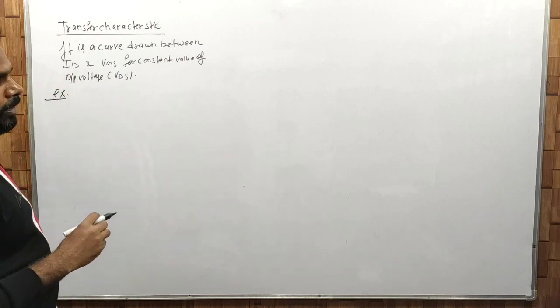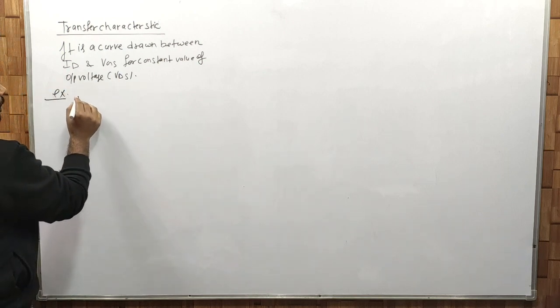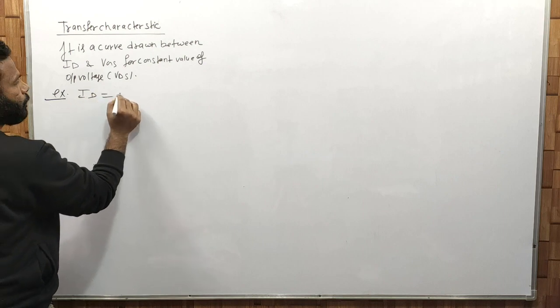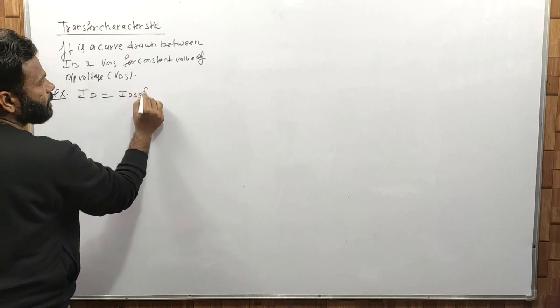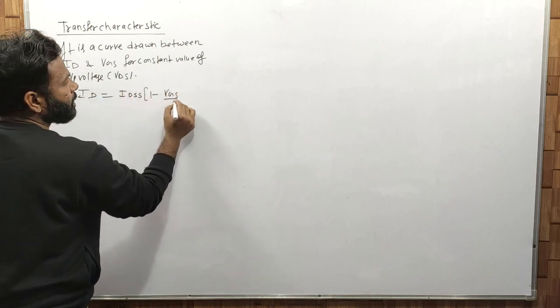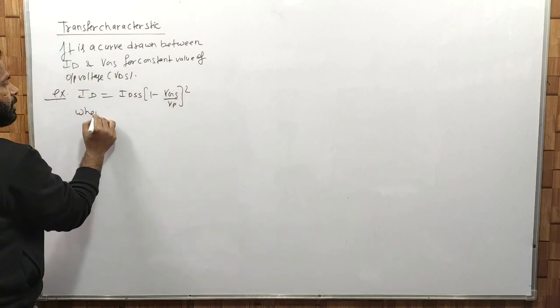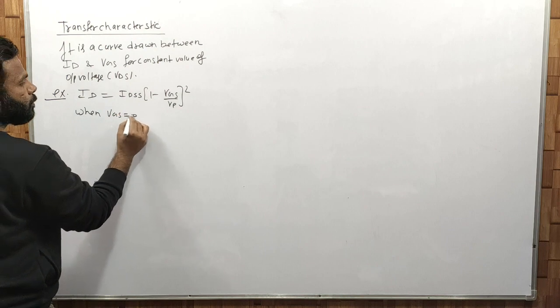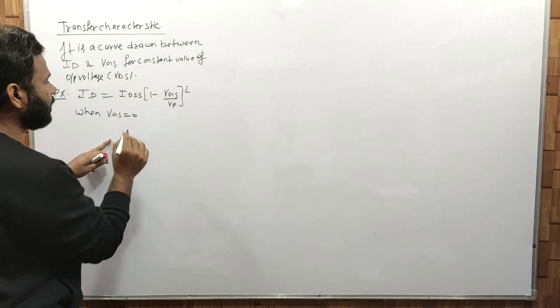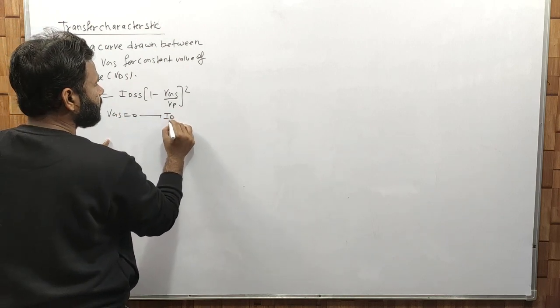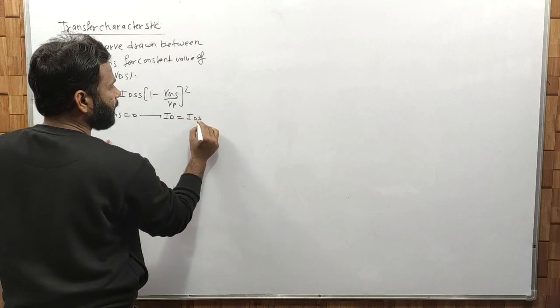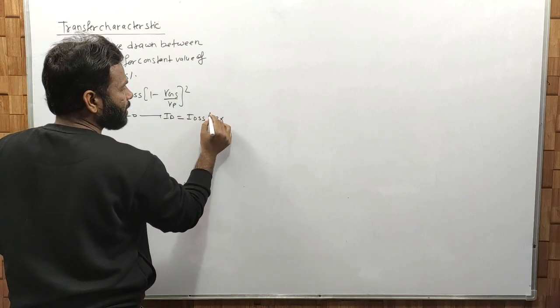Now first I will explain a little mathematically, then I will also explain graphically. Now according to the Shockley equation, ID equals IDSS times (1 minus VGS upon VP) squared. Now when VGS is 0, then ID equals IDSS, that is the maximum current.